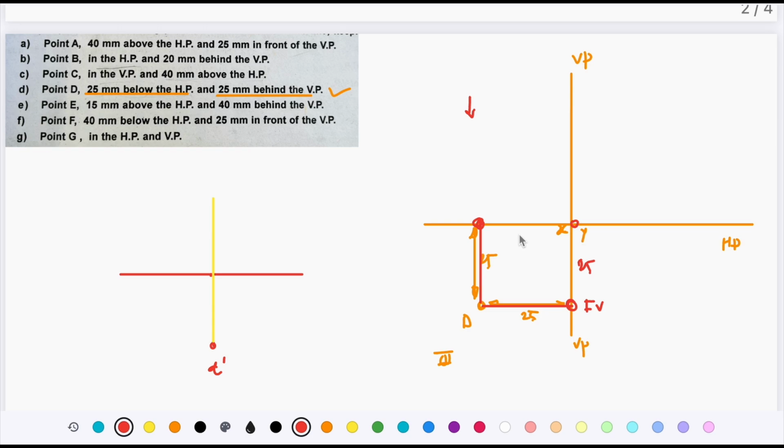Point is 25 from vertical plane, so this top view will be at a distance of 25 from XY, and as it is appearing on HP you need to rotate it in a clockwise direction by 90 degree. So actual top view will get shifted above XY line by a distance of 25. So this is going to be top view. This distance is 25 and this distance is also 25.